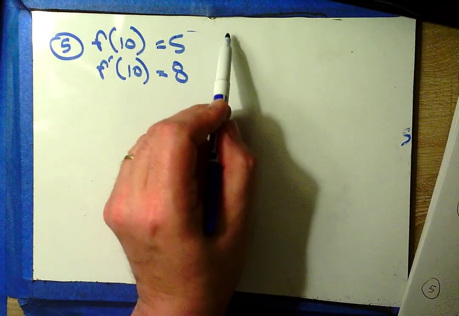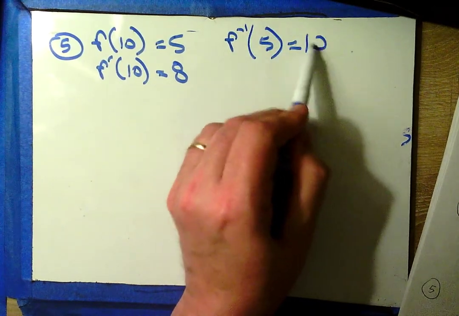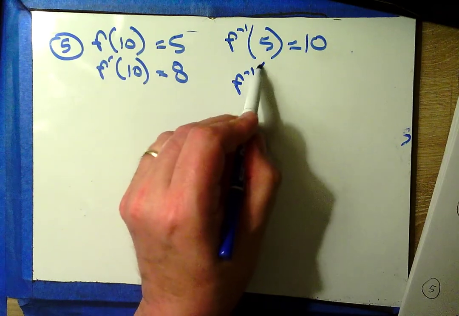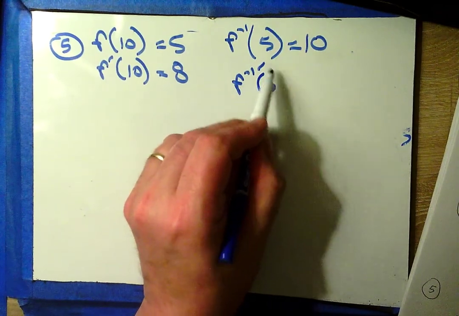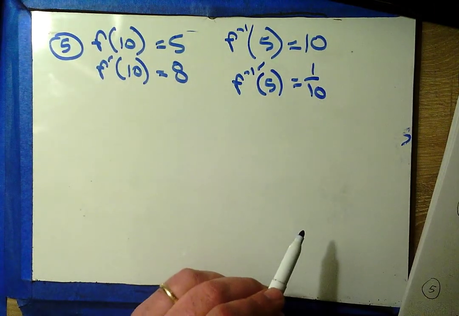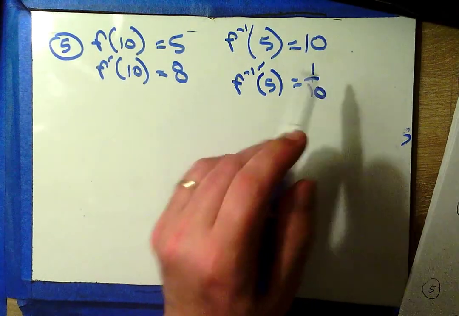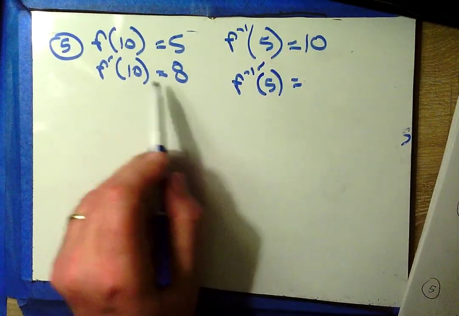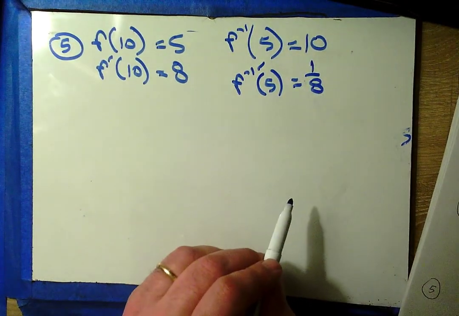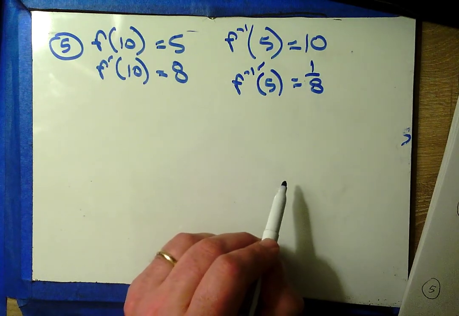We know that there's an inverse function with this inverse point on it, and we know that this inverse function's derivative at that inverse point must be the reciprocal of the slope of the original function at the original point. So we want 1/8.